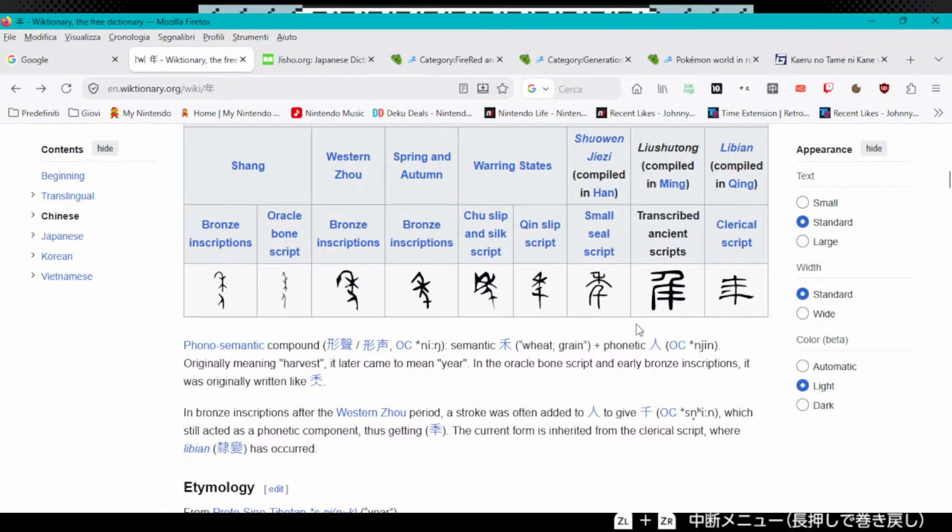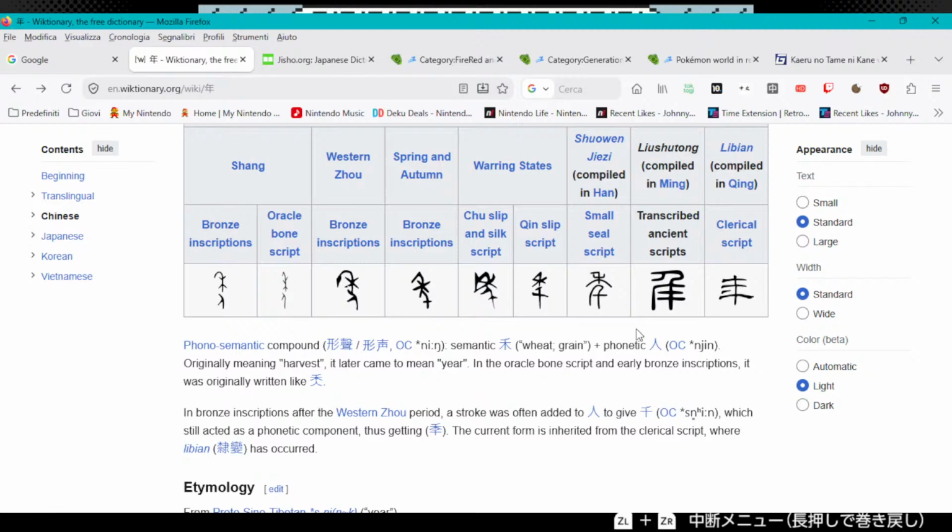But then actually the form that is used nowadays, so-called leap year occurred. So literally simply scribe, in this case, in this context, change.